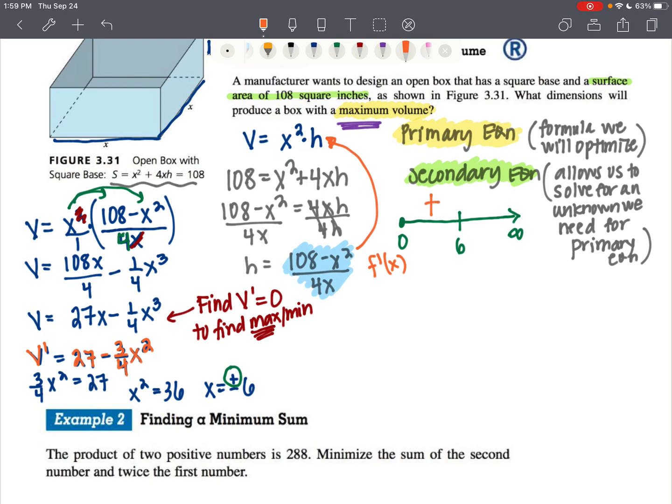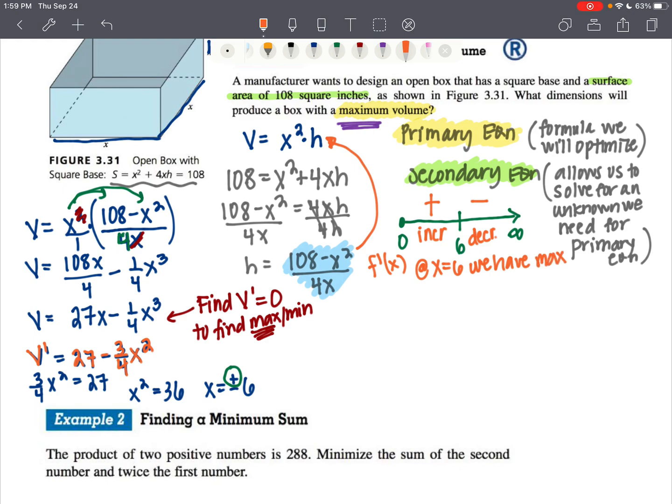So that means my function is increasing between 0 and 6. 6 to infinity, if I put a 7 in, guaranteed I'm going to get a negative. You can check the work though. So therefore, at x equals 6, we have a max.